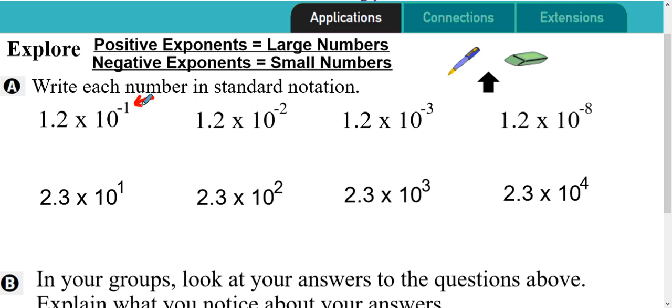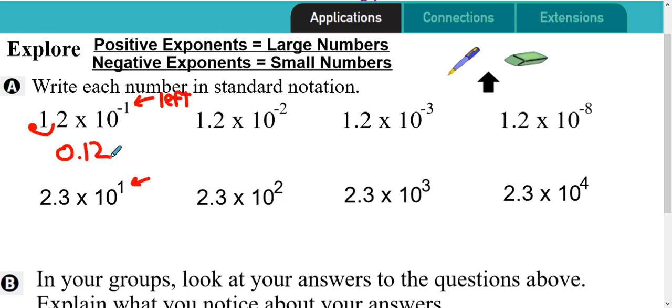Remember, negative exponents, small number; positive exponents, large number. So a negative exponent will always move the decimal to the left, because when you move a decimal to the left, you are making the number smaller. So I'm just going to take this 1.2 and move it once to the left and put 0.12. And that's it.